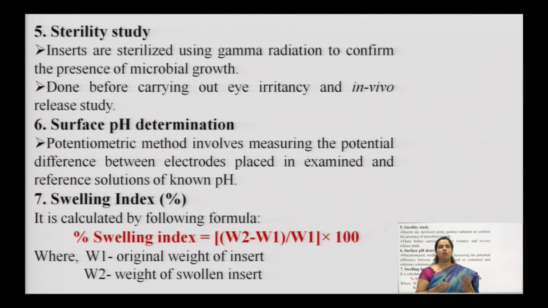Potentiometric methods involve measuring the potential difference between electrodes placed in the examined solution and a reference solution of known pH. pH is very important for ocular preparations, because if the dosage form or device we are using for ocular administration has a different pH from the eye, then it will definitely cause irritation and inflammation in the eye when applied.